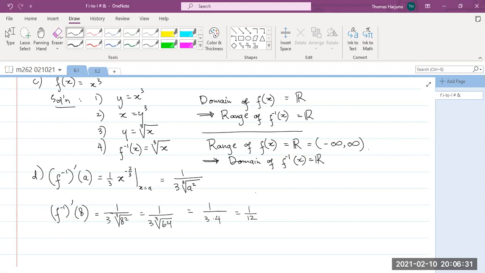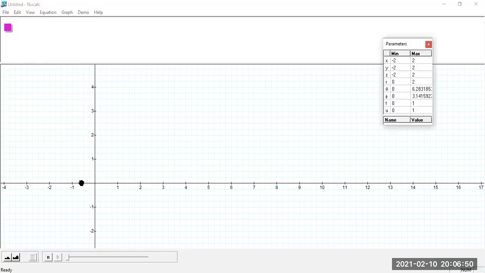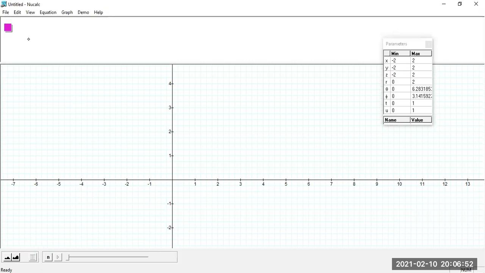Now, sketch the graph of f(x) and f inverse of x on the same axis. You know what? Let me use this instead. Let me show you this. The first one is y equals x cubed.